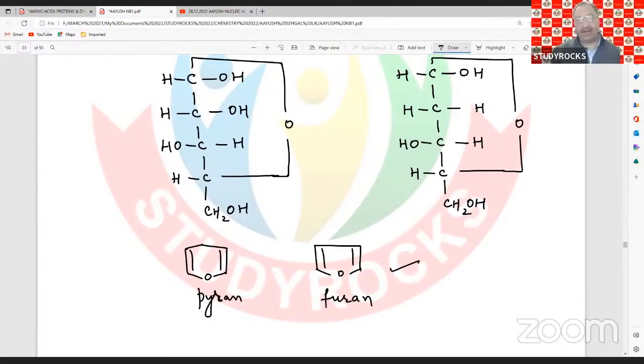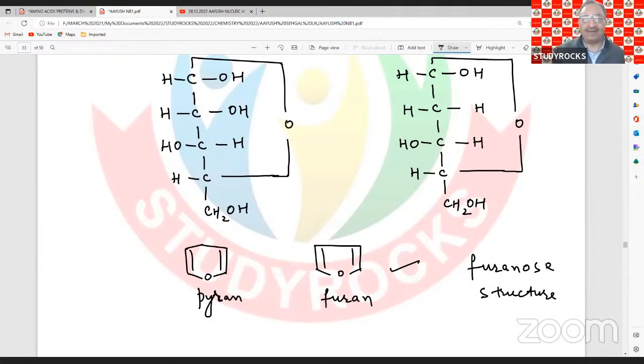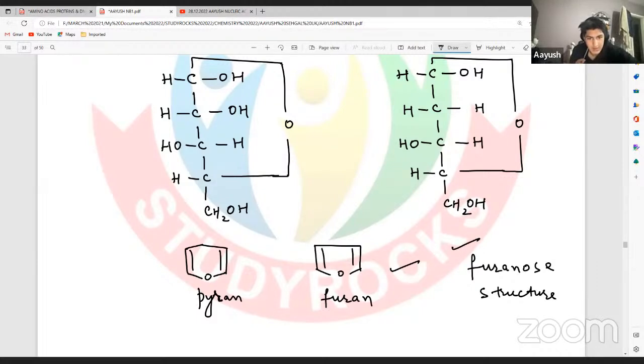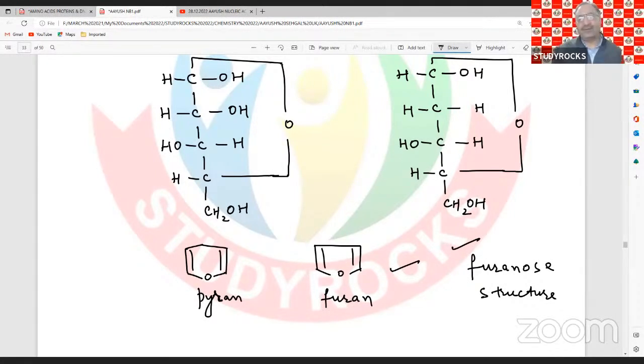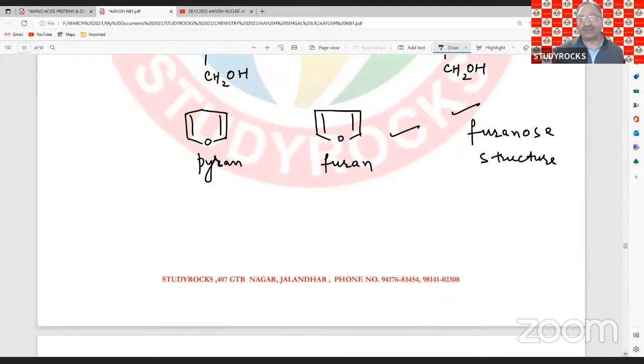In ribose sugar and deoxyribose sugar, you have furan structure. What we say, it has furanose structure. You must have heard this word in bio, I believe, as well. I've heard the pyran for the glucose, but I haven't heard the furanose before. No, this is okay, no issue. Furan is a 5-member ring. It has furanose structure.